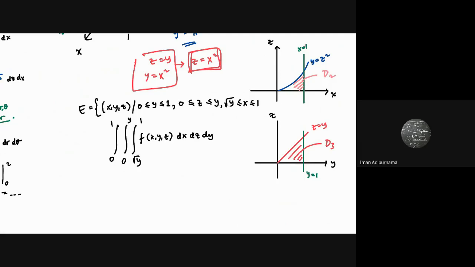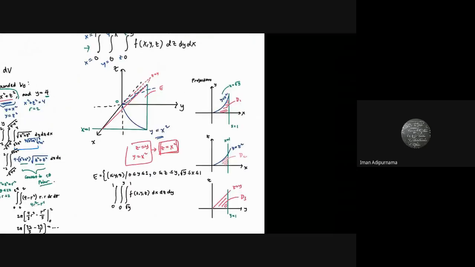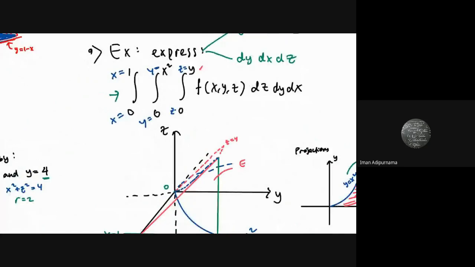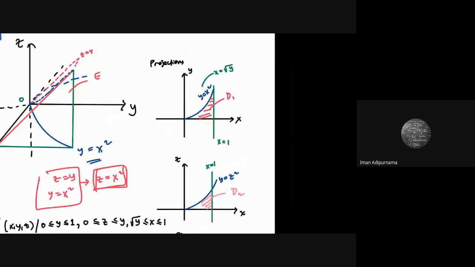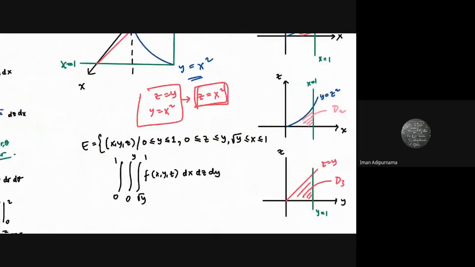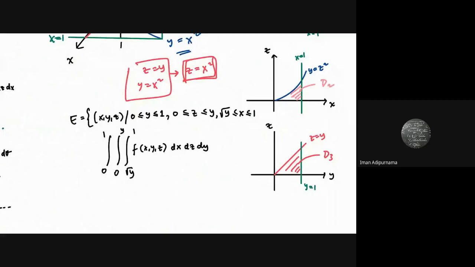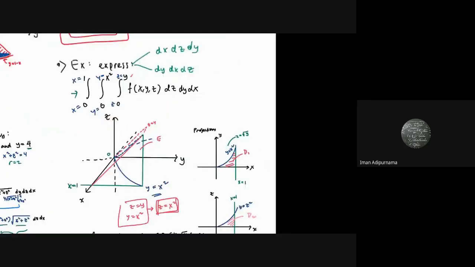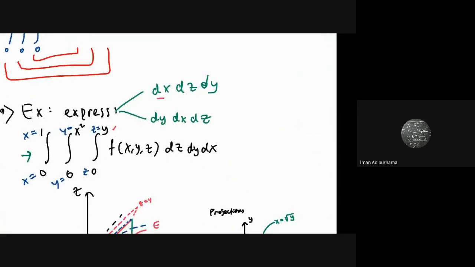Okay. So first, to make the order, you need to take the projections first and then set up. So first, I'm taking y as a constant, because I want to fit the question setup here, where the last one should be y. So y should be a constant.